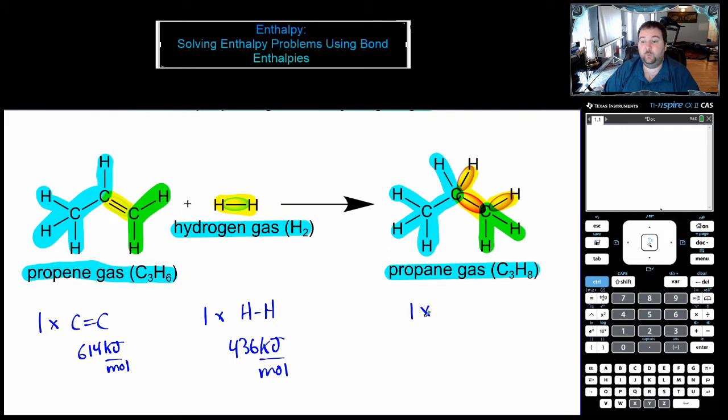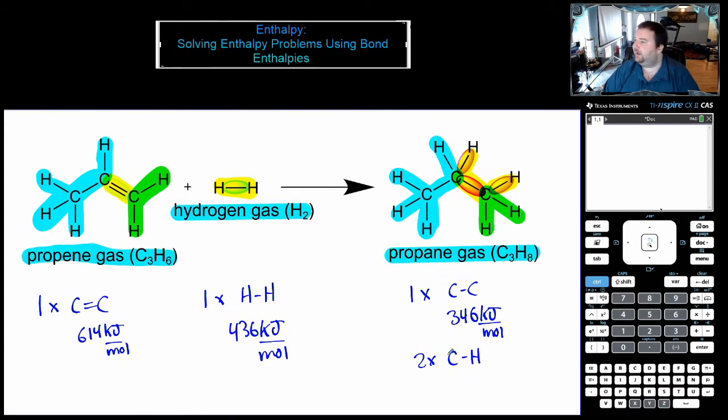We're going to have to form 1 carbon-carbon single bond, which has a bond dissociation energy of 346 kilojoules per mole. And we have 2 carbon-hydrogen bonds that need to be formed, each of them having a bond dissociation energy of 414 kilojoules per mole.